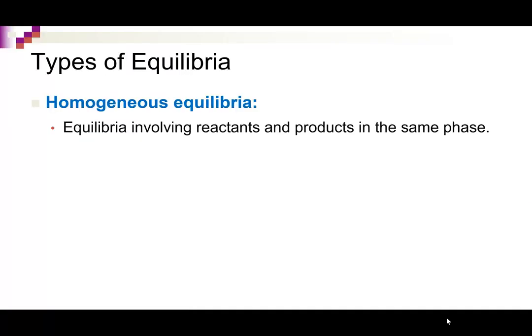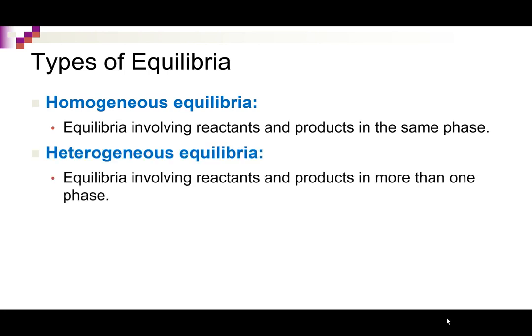affects things. Okay. So first, homogeneous is going to be reactants and products that are all in the same phase. So they're all gas, or they're all aqueous, or they're all solid. So that's going to be homogeneous. Heterogeneous is going to be equilibria involving different phases.